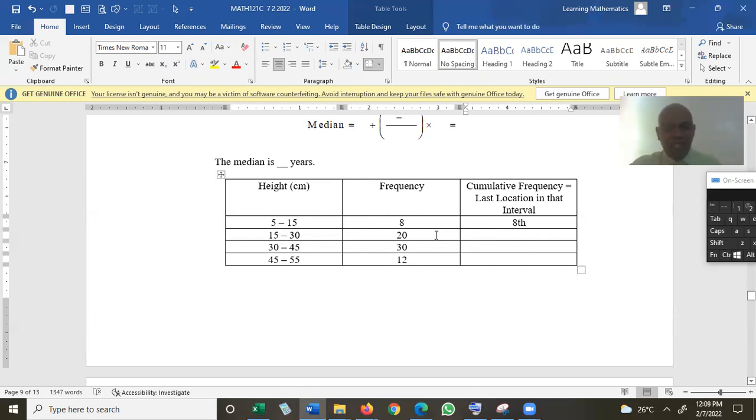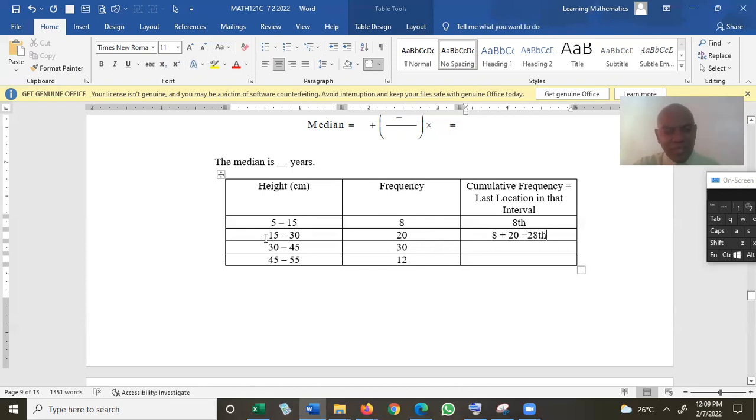The 9th height would be in the next interval. So you carry the 8 and add it to the 20, and that gives you 28. The last location in that interval is the 28th, because you have the 9th, the 10th, the 11th, the 12th, the 13th, right up to the 28th.